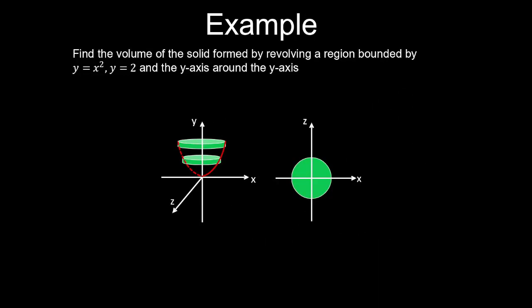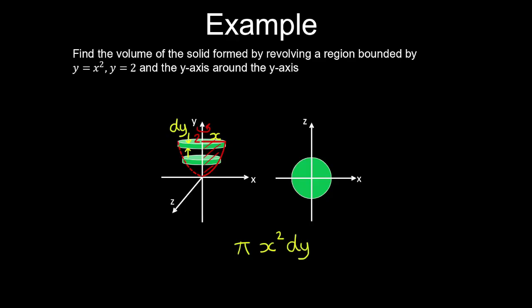Find the volume of the solid formed by revolving a region bounded by the parabola and the y-axis, so this region in 2 dimensions being revolved around the y-axis. So therefore the radius of any one of those disks is x, and then pi times x squared gives the area of the disk, and then we assign a disk a thickness in the y direction, which is dy.